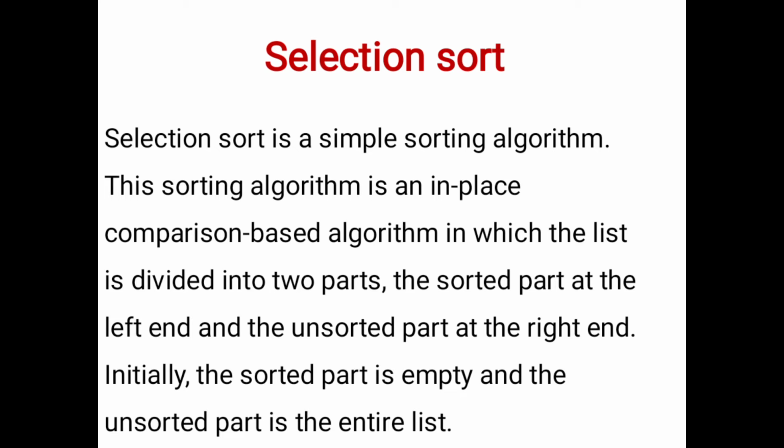At the first, initial stage, the sorted part is empty because there are no sorted elements. Only after completing the selection sort can we get the sorted elements. So at the initial stage the sorted part is empty and the unsorted part is the entire list, because the elements are unsorted.